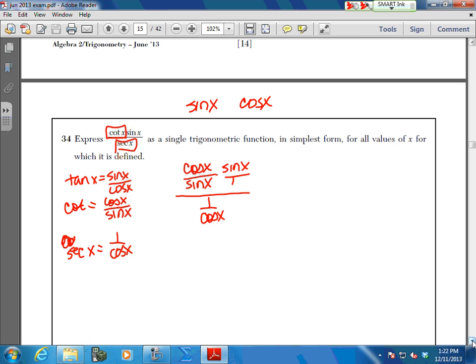So to reduce the numerator, we cancel out the common factor, and we're left with cosine over 1 over cosine. And remember your rules. Keep, change, and flip it over. And multiply. This will give you your cosine squared. And that's the only way to answer this. There's nothing to solve. It's just an expression.